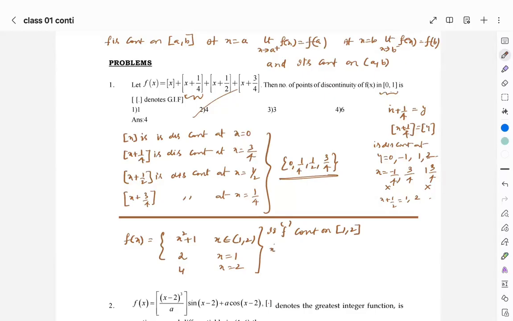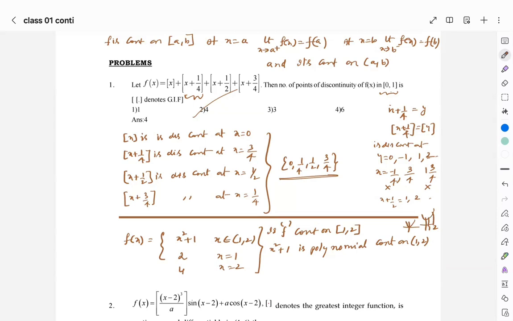So the first step is that it is a polynomial, so continuous on the open interval 1 comma 2, right? The graph of x square plus 1 will be this. Between 1 and 2 it is continuous.